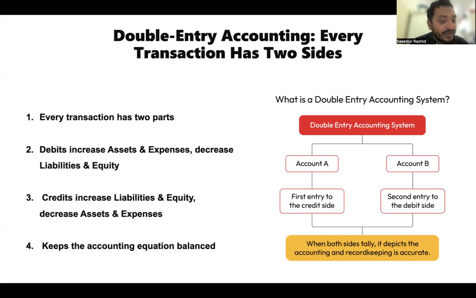When we pay for the supplies with cash, that's a credit because our cash, an asset, decreases. By recording every transaction with a corresponding debit and credit in the appropriate accounts, we maintain the balance in the accounting equation. This ensures the accuracy and completeness of our financial records.